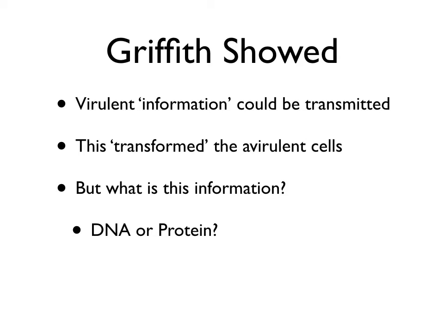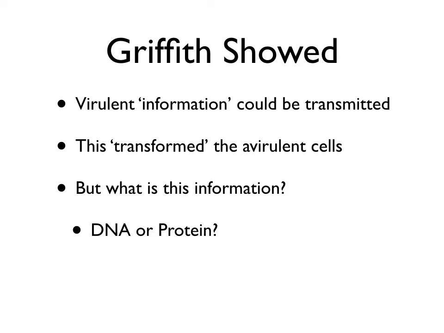But what he didn't know is, what is this material or essence or information? What is its shape, its form within those heat-killed cells that it's able to move over to the avirulent cells? And there was a strong suspicion in the scientific community that within these cells, there were really only two possibilities, one of which was protein and the other being DNA. Okay? They knew that these things existed. They knew protein existed.